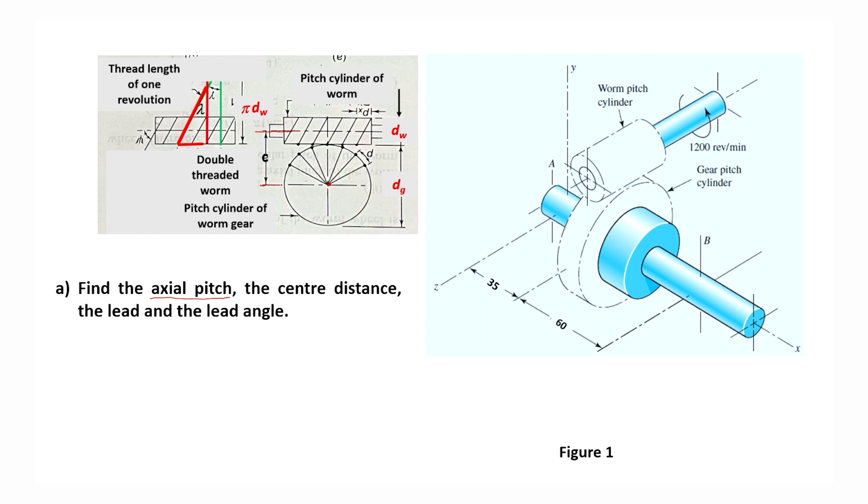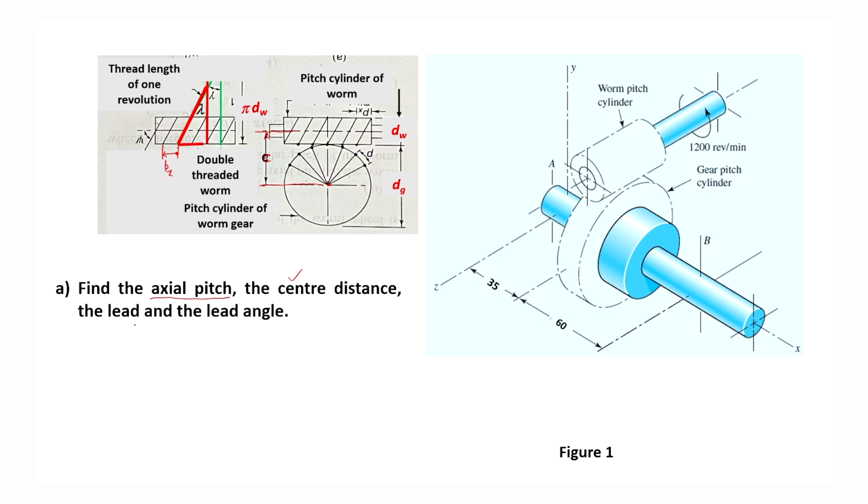The distance between the axis of rotation of the worm and the axis of the gear is called the center distance. This we have to find, and the axial pitch is the distance between two consecutive points of a thread, Px. So, this we have to find.